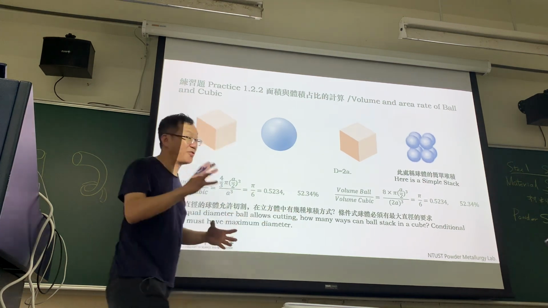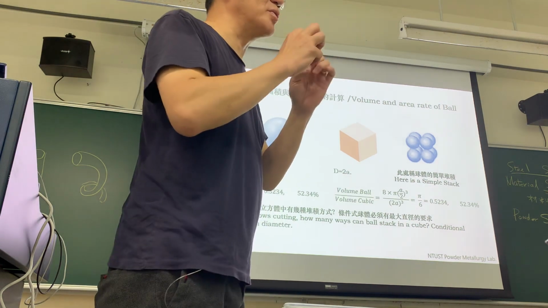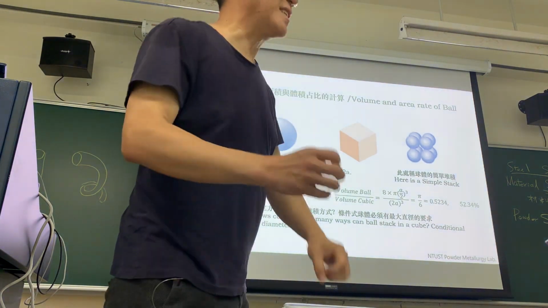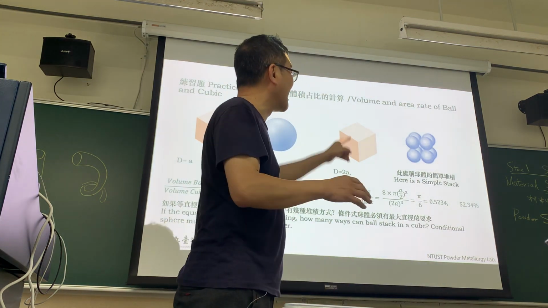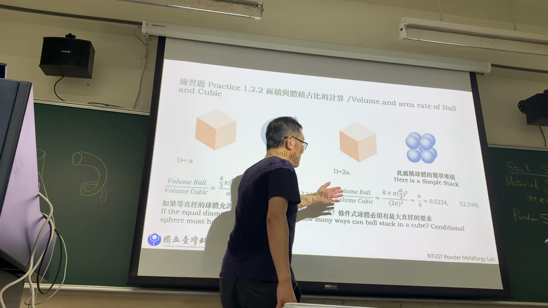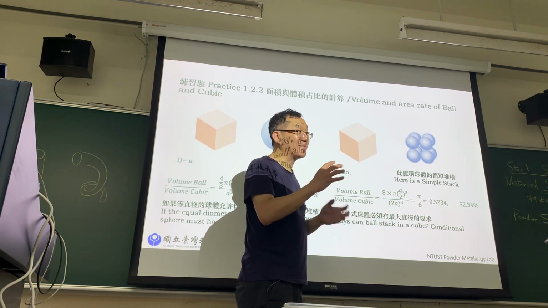This means we can fill in the cube with this ball. So we make the ball small, but every ball is the same size. We just fill it in, and with simple stacking we get the same rules, even if the powder is small, the same dimensions.